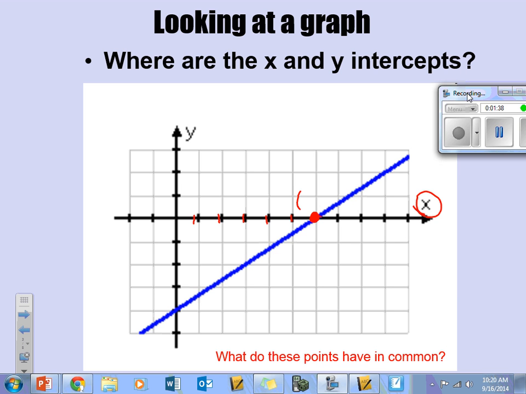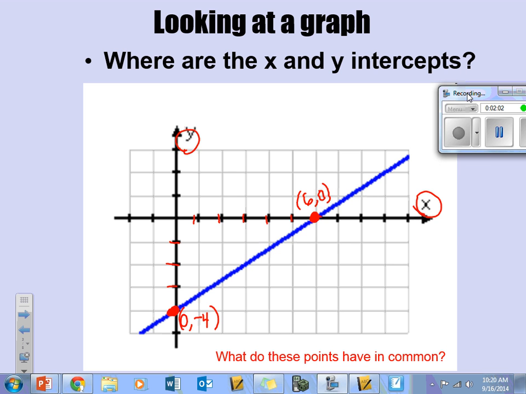I would say that ordered pair coordinate is (6, 0). Okay, we can do the same thing when we're looking for the y-intercept. We would count down 1, 2, 3. Oh, there is the y-intercept on the y-axis. So then what is its ordered pair? It would be (0, -4).